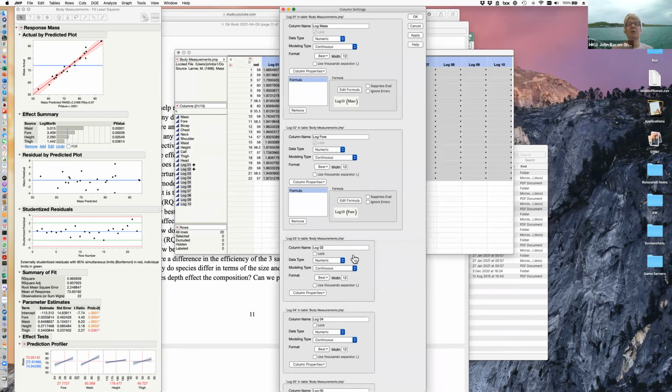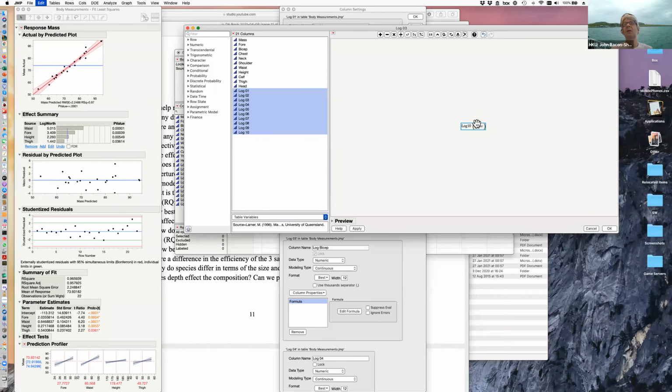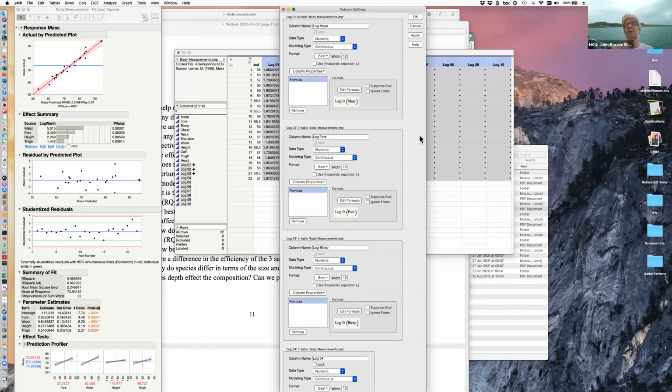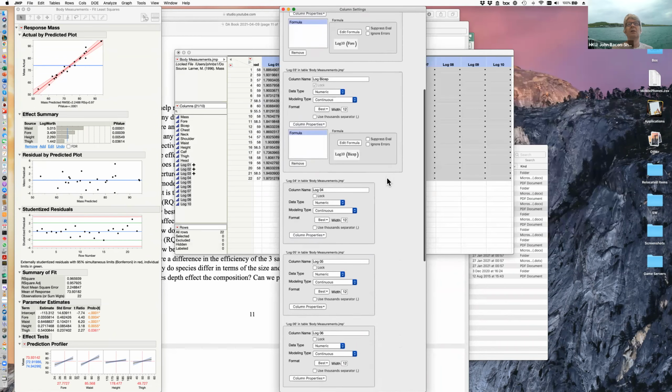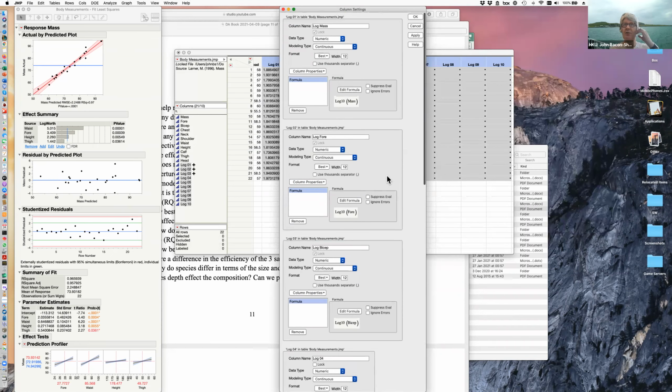My third one is bicep, and replace mass with bicep. And you'll see it's showing me the formula on the screen so I can see that I've got it correct.